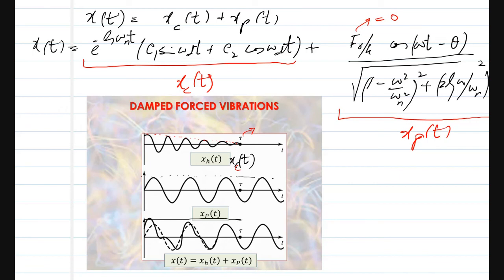If you look at this, this is called transient behavior, and after tau only xp of t remains, xc of t dies out. Clear? So this is how the solution behaves. So if you look at the case in tau, you see the resultant vibrations are not a single sinusoid, rather it's actually a very transient kind of response, like drawn with the red line.